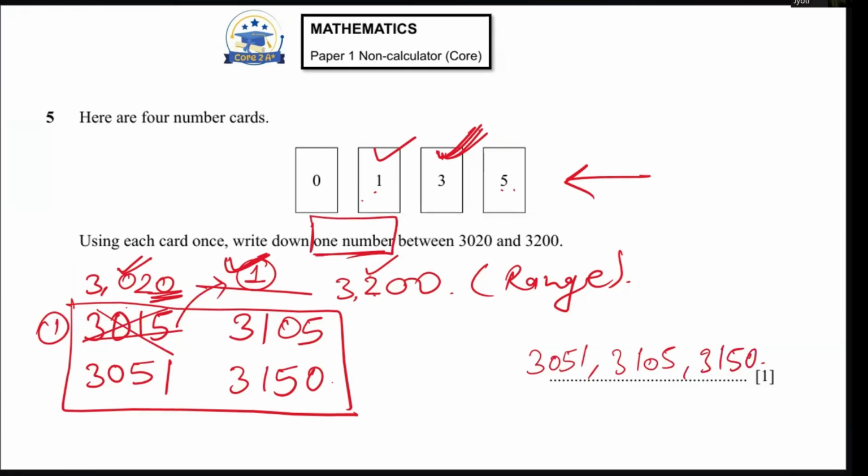But it has multiple answers. Sometimes students get confused and think, are there multiple answers or not? There is no mention that it has multiple answers, but you have to choose only one number.